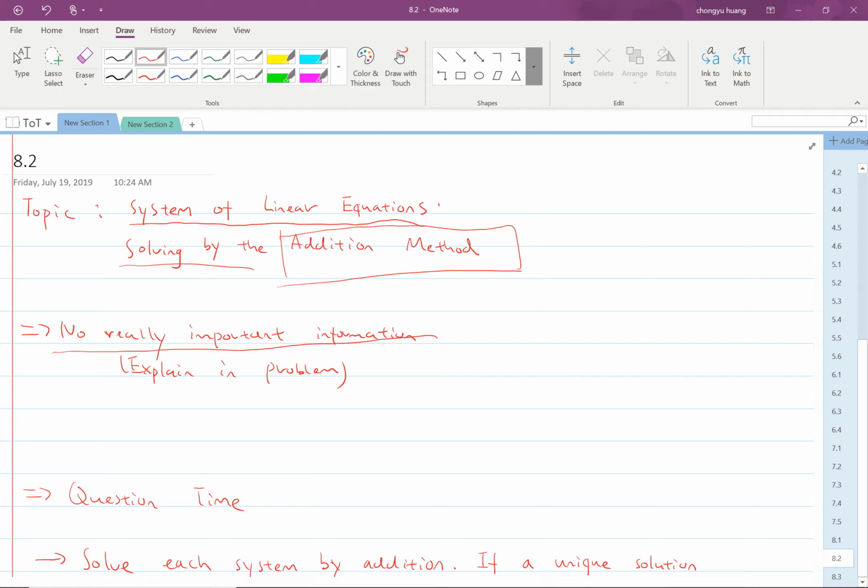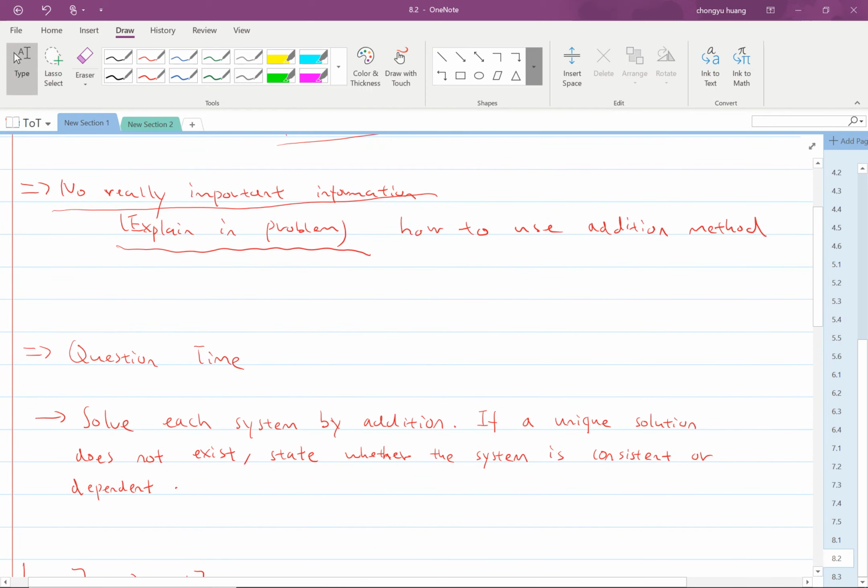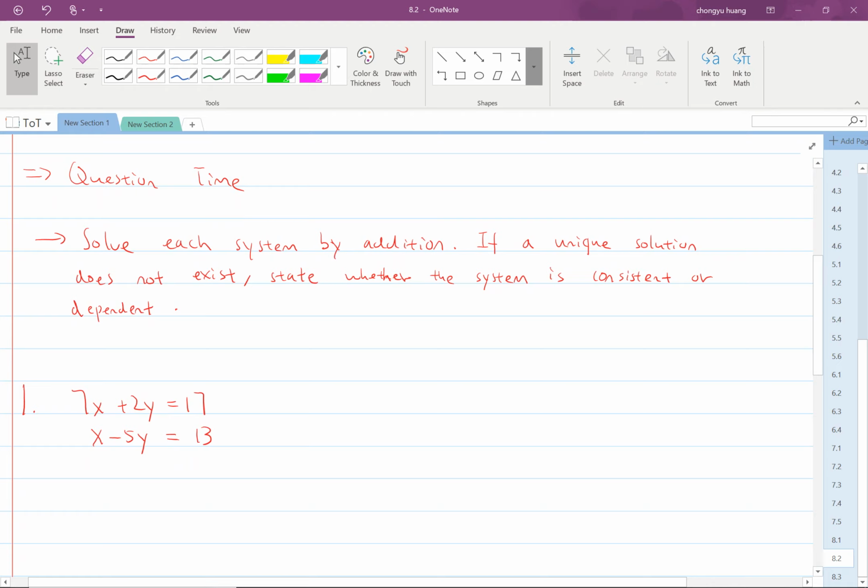So I will basically explain how to use the addition method in a problem. Let's drop into the question section.